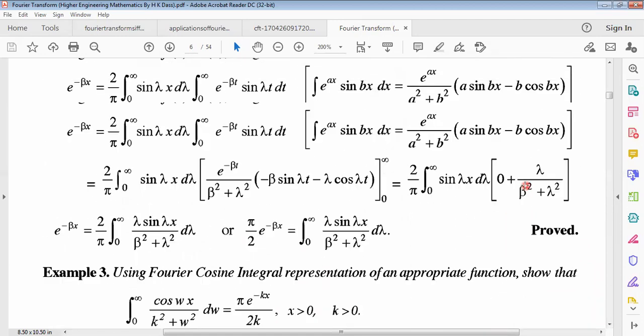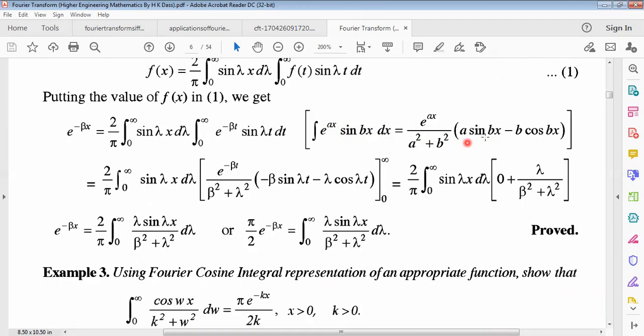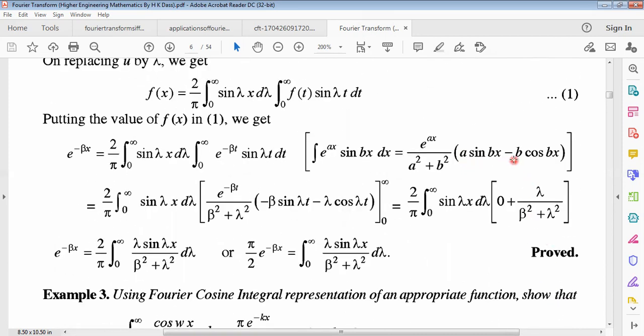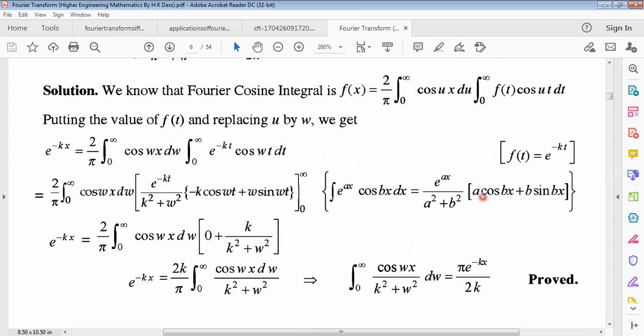In our previous formula for e to the power ax sin bx dx, it was a sin bx minus b cos bx, with a minus. Here the first term is cos, the second term is sin, and the middle sign will be plus. You can differentiate this to remember the formula.